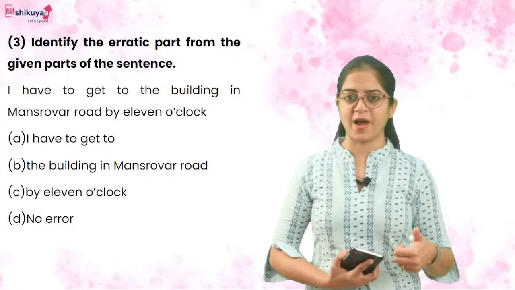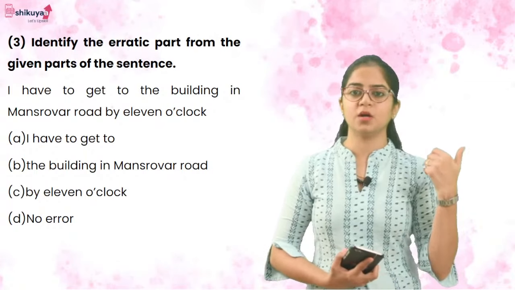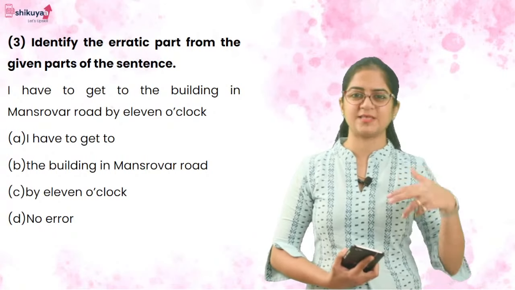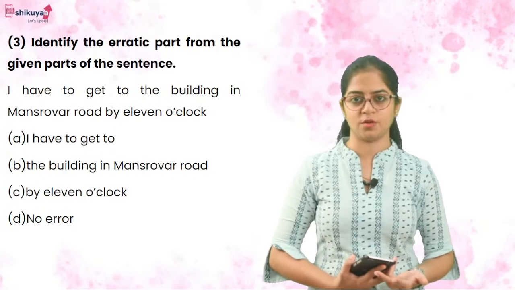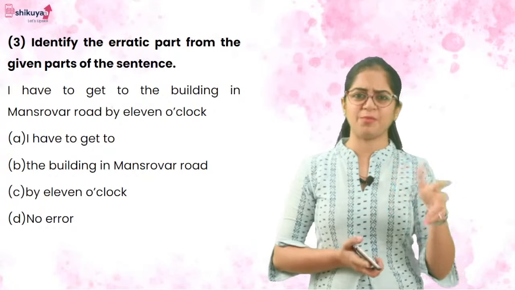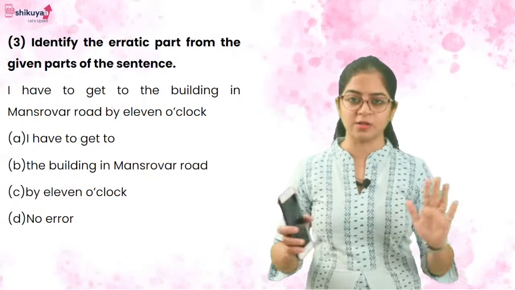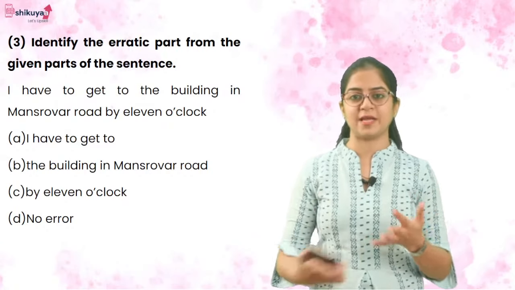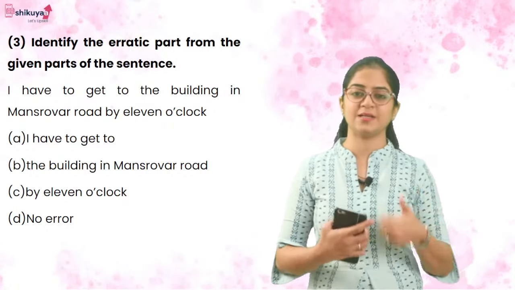Identify error, spotting error could be there, or you may find the question says sentence correction type of question. Whichever type of question it may be, you will apply all these basics as I just told you. Identify the types of errors, right? Which are the types of error?